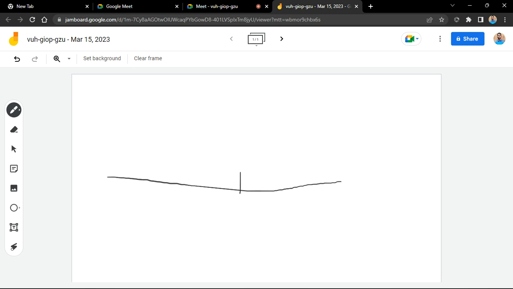So this is our number line. Here we have a 0, right? This side to the left, this is our negative. And this side to the right, that's our positive, right? Fine.